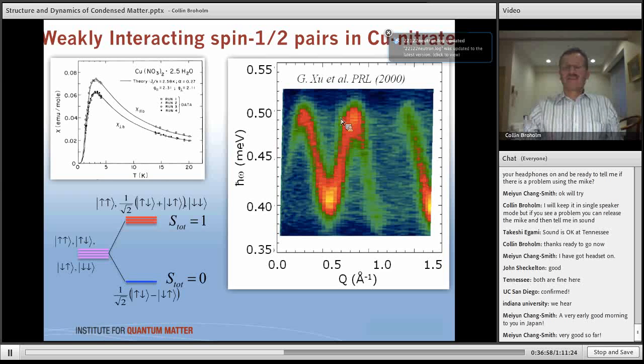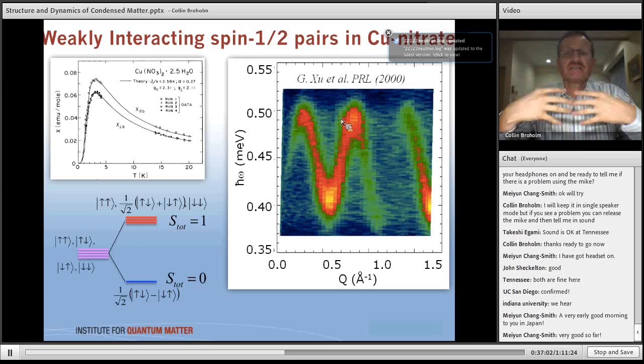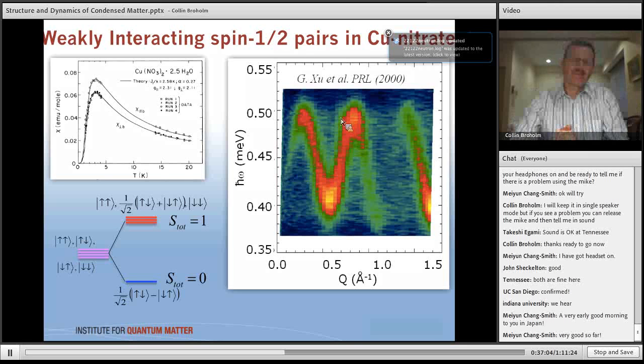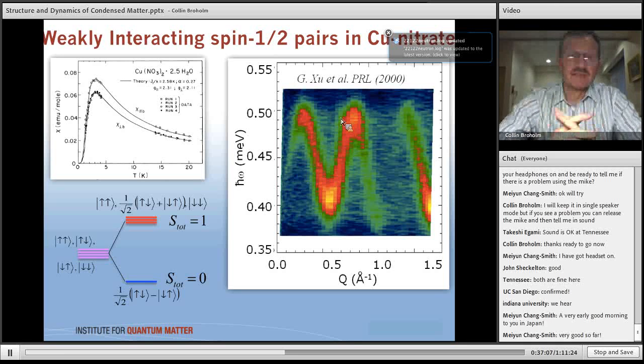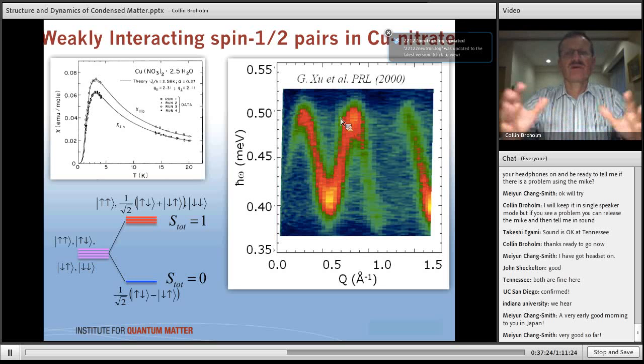And you might say, well, where did that come from? But that's actually an expression of the fact that we have quasiparticles, and that those make up all of the scattering that we can have, and that those quasiparticles can actually be created and annihilated in a scattering process with the neutrons.